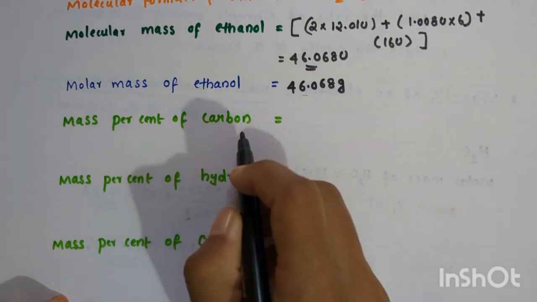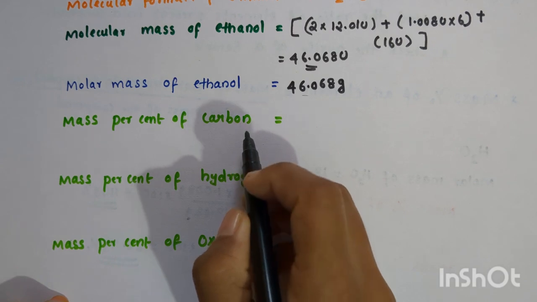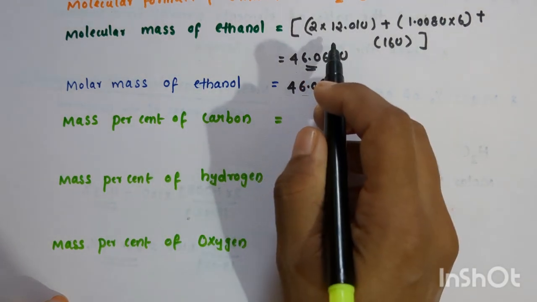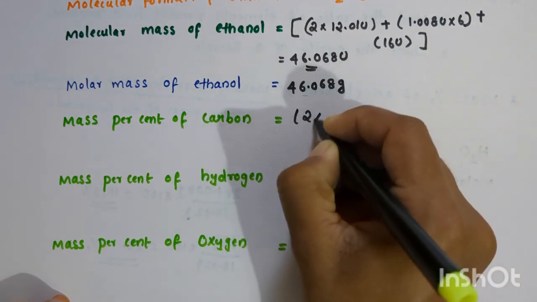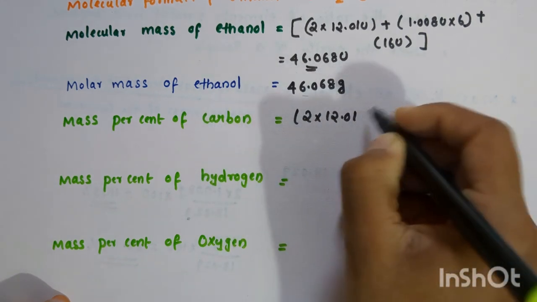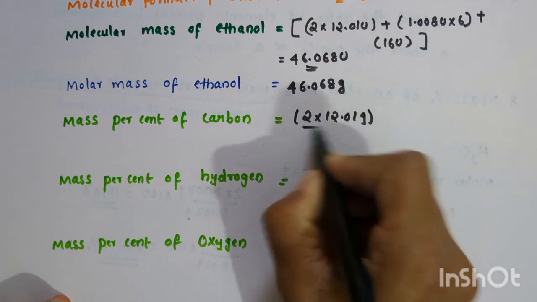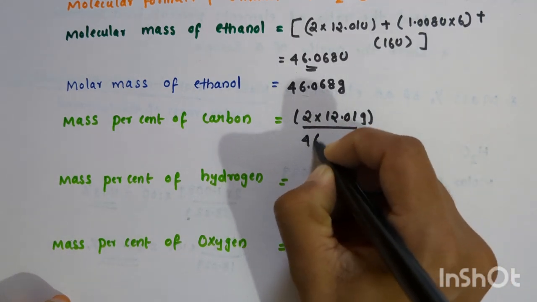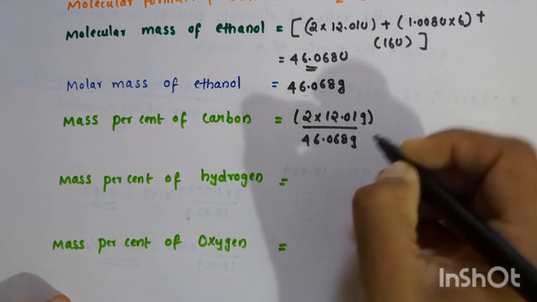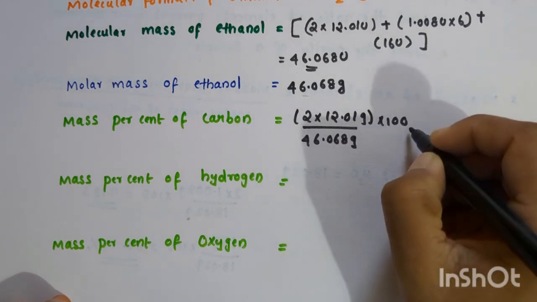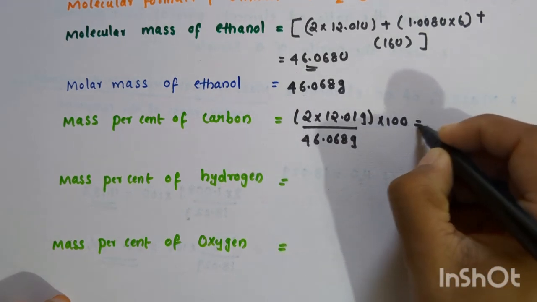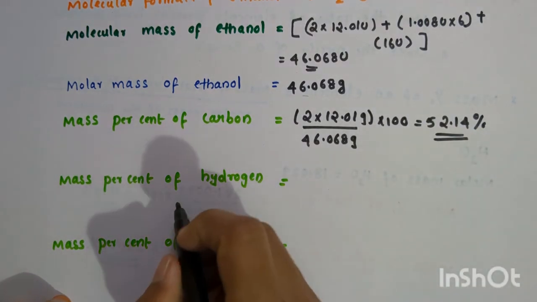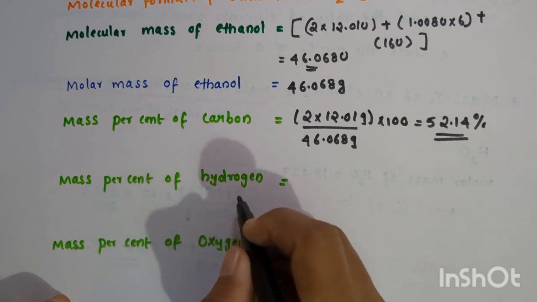So, the mass percent of carbon will be: there are 2 carbon in the compound, so its mass is 2 into 12.01 gram, divided by the molar mass of ethanol, 46.068 gram, into 100. When you do this calculation, you will get 52.14%.